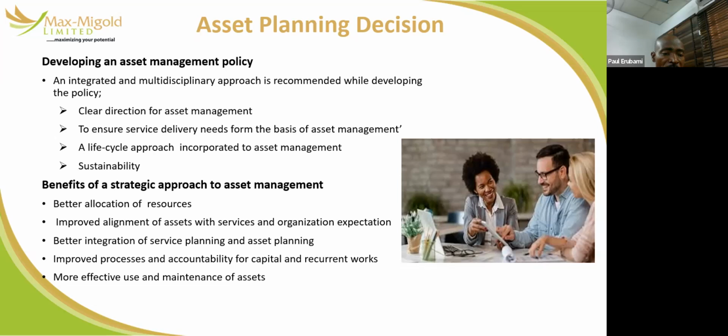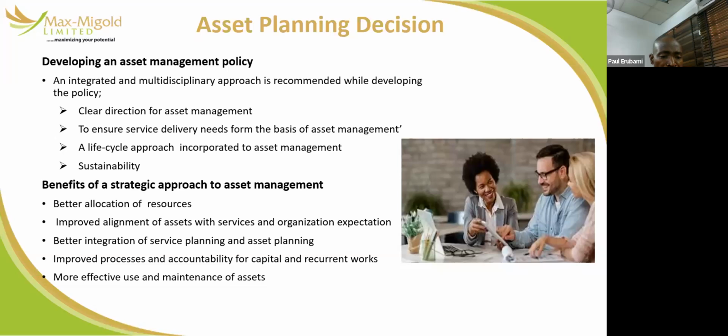So what is the benefit of a strategic approach to asset management? Better allocation of resources, because you know which of your assets is very critical, that you need to deploy huge resources to. Then it helps you to improve alignment of your assets with the services and organizational expectations. It also helps with better integration of services planning and asset planning.